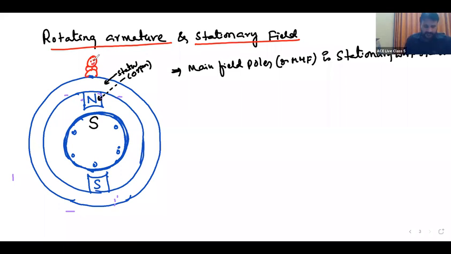Try to understand. Say a person is sitting on the stator. Under him, a north pole is always there, and an armature south pole must also be there. Because the main field poles and armature poles are both stationary with respect to each other, compulsorily, the two fields must be stationary.